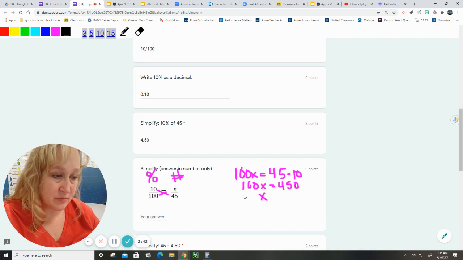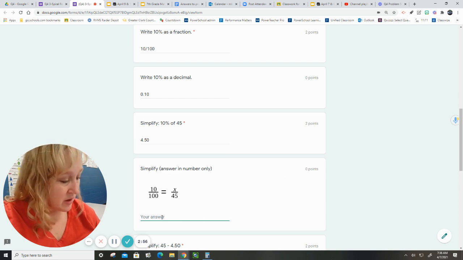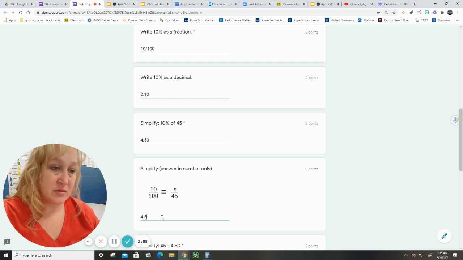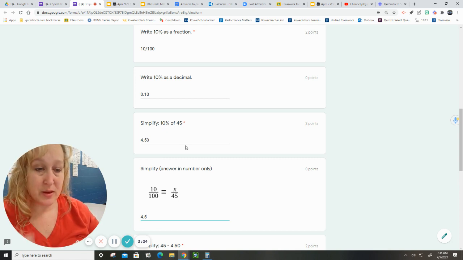Divide both sides by 100. X equals 4.5. So you'll notice that both ways work, but in my opinion, the simpler one is to convert to a decimal and then multiply by the whole number.